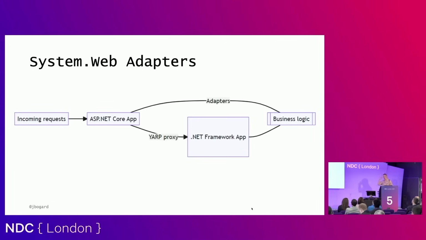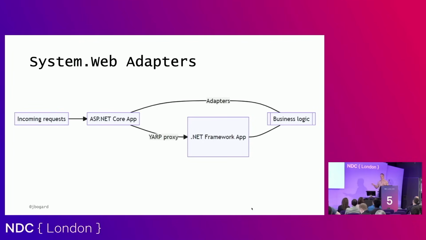The other thing that it provides, that we didn't really use that much, were adapters. You might have a lot of business logic code, hopefully not, that's doing System.Web stuff, like HttpContext.something. The HttpContext in the ASP.NET Core application is a different type, different class, different namespace, different project, different assembly.